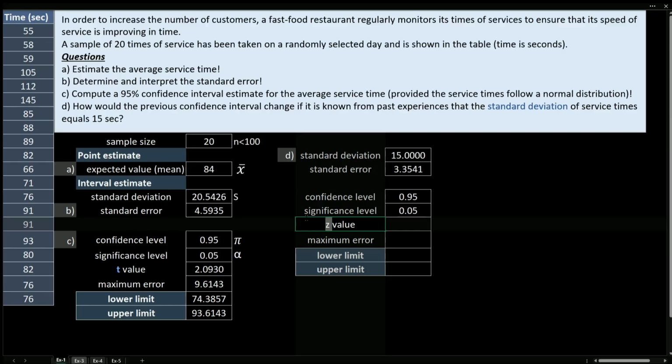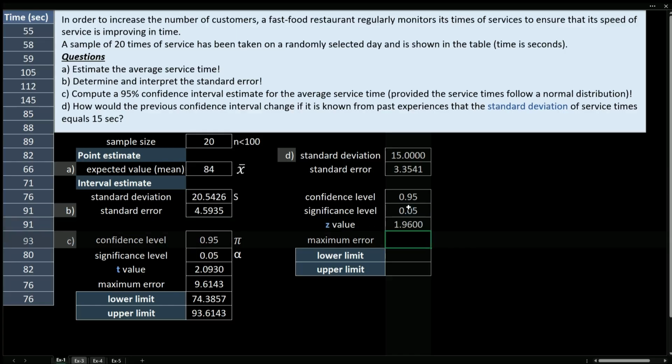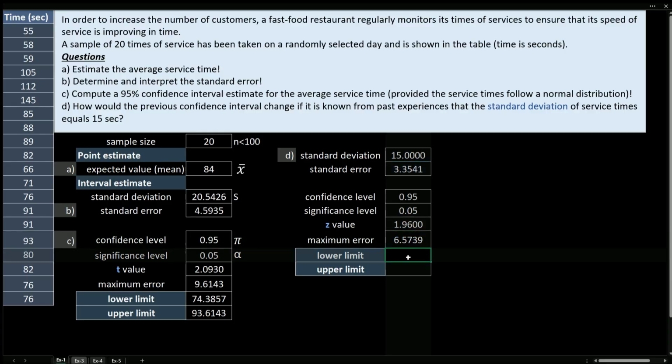Otherwise, for estimating mean, we are going to use z value. Now this time we have z value. For z value, we have NORM.S.INV, standard normal inverse, and 1 minus alpha over 2. Maximum error is standard error multiplied by z value or t value, in this case z value.